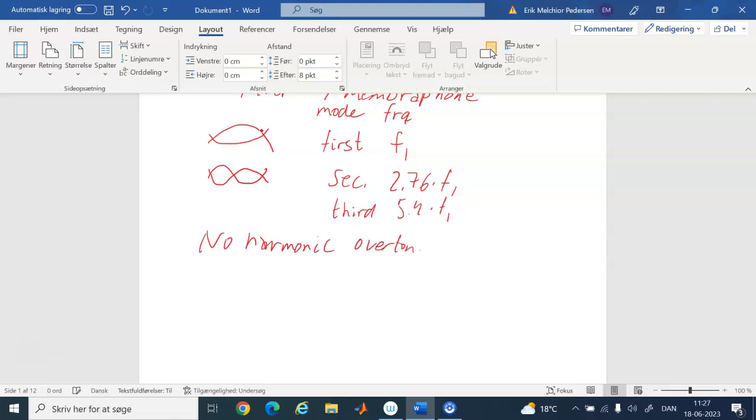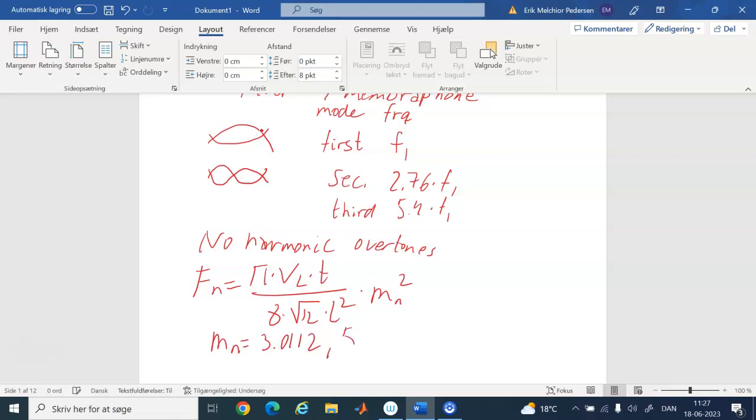We can see here the frequencies Fn. There's a formula here: P times the sound speed in the bar times the thickness of the bar, and times Mn squared. The modes where Mn is, I think, 3.0112, and then 5, 7, and 2n plus 1.